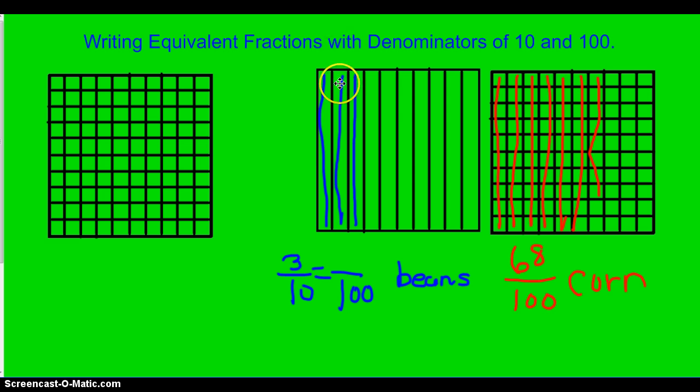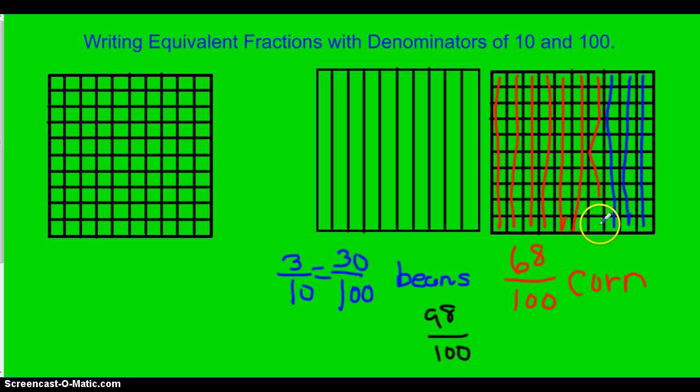Let's move them. We can see that for every tenth we make 10 hundredths, so this would be equal to 30 hundredths. And of course 68 hundredths is already here. So 30 hundredths plus 68 hundredths, we would get a total of 98 hundredths, which is almost his entire field. It didn't tell us what these final 2 hundredths would be, which is not much of his field.